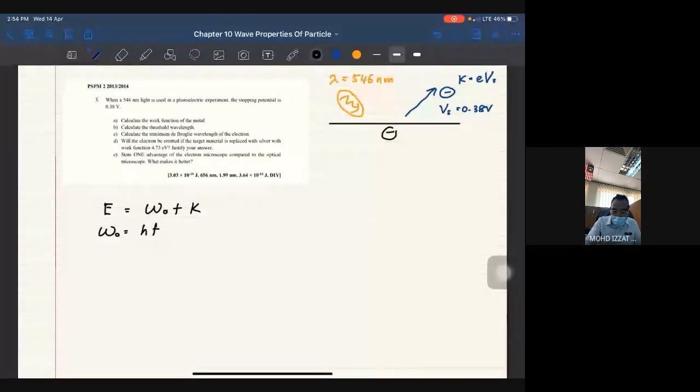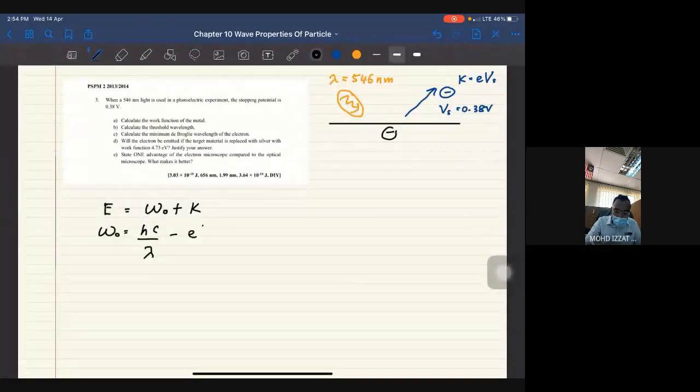We don't have f, so I'm going to write hc over lambda, minus the kinetic energy, which now becomes eVs. Okay, so this one will be 6.63. It's going to be a long formula.